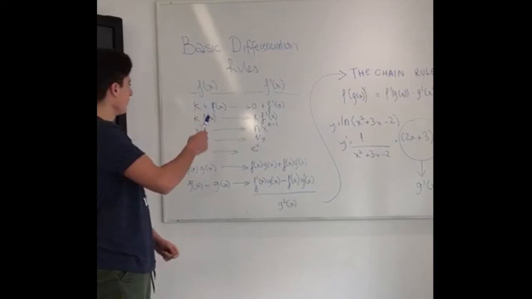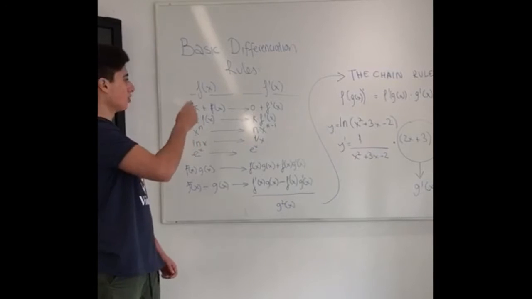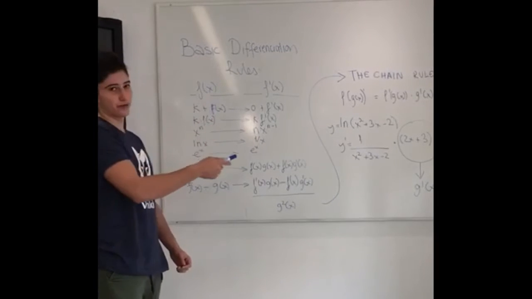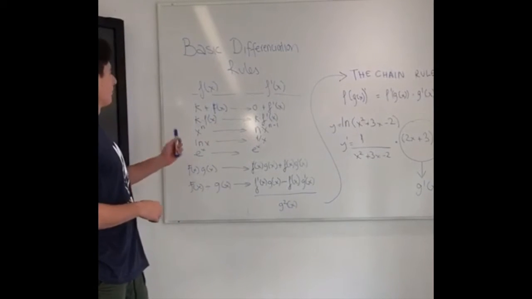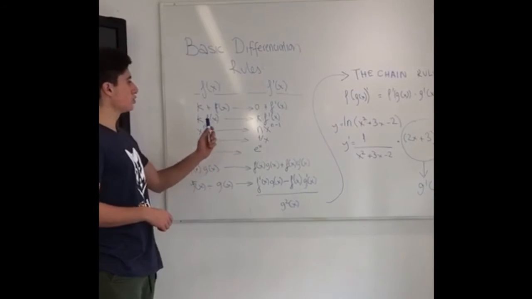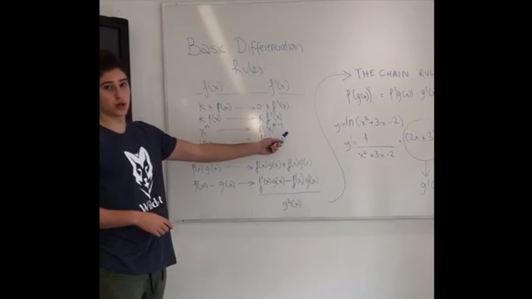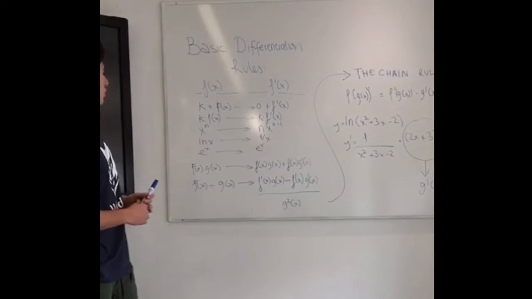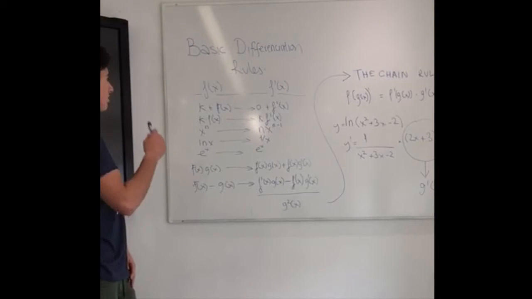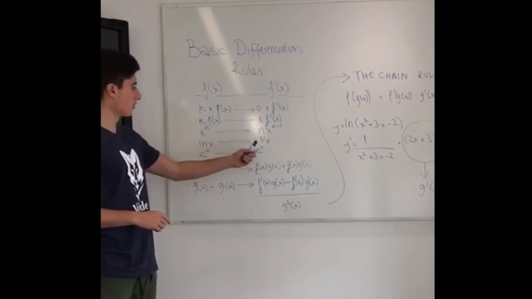Then we know that the derivative of the constant times the function is equal to the constant times the derivative of the function. The derivative of x raised to the power of n is equal to n times x raised to n minus 1. Okay, so then we have the derivative of the logarithm of x that is equal to 1 over x.